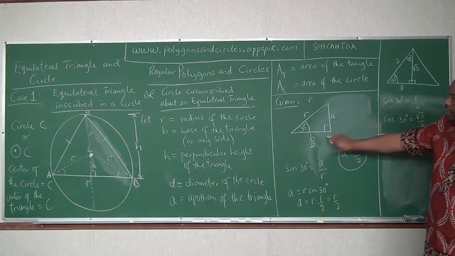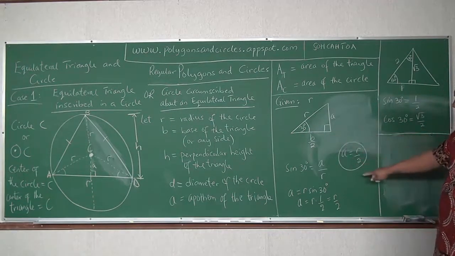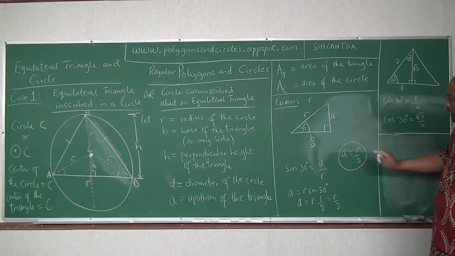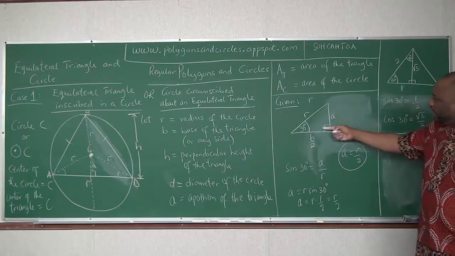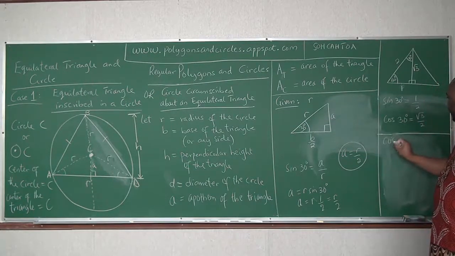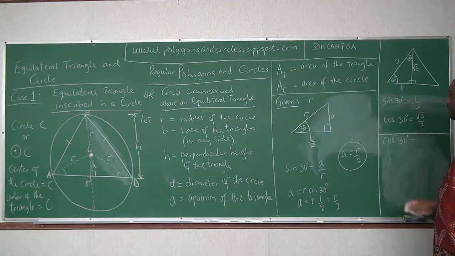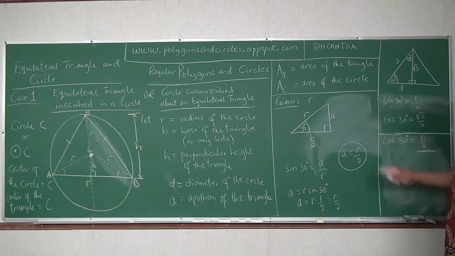Now from here, we see hypotenuse radius over 2. From here also we now have adjacent and hypotenuse. So cos 30 degrees is adjacent, b over 2, all over hypotenuse, r.